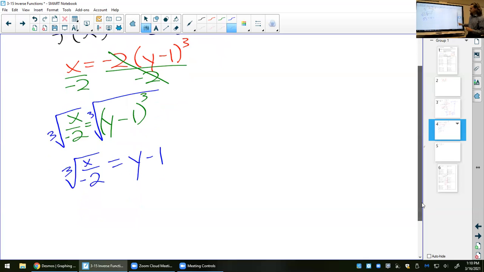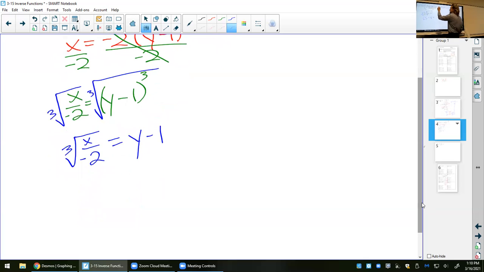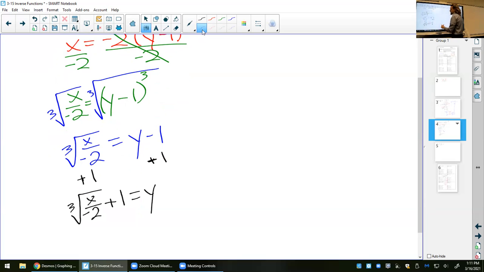And then our very last step, to get y by itself, we would just need to add 1 to both sides. So plus 1 plus 1. And that gives us y. Now let's actually put the root over. So the cube root of x over -2, plus 1, equals y.